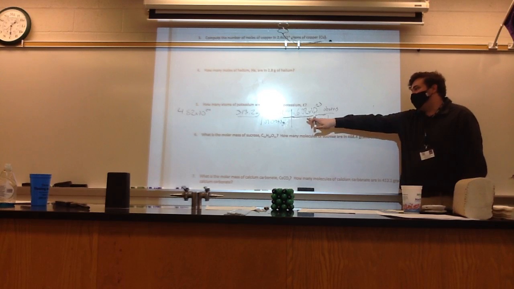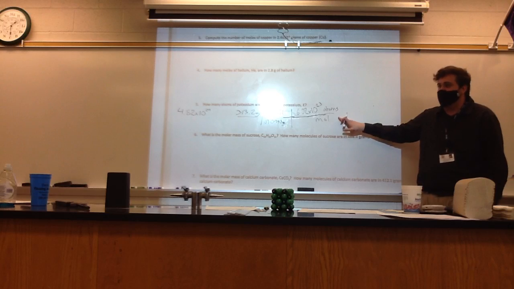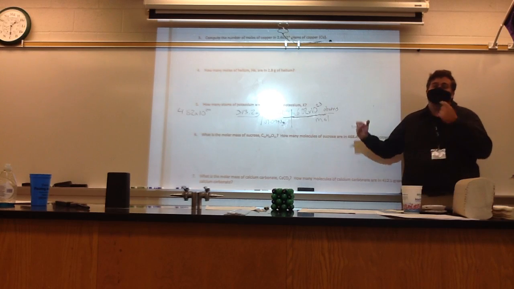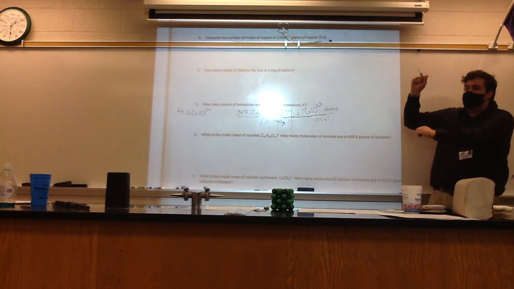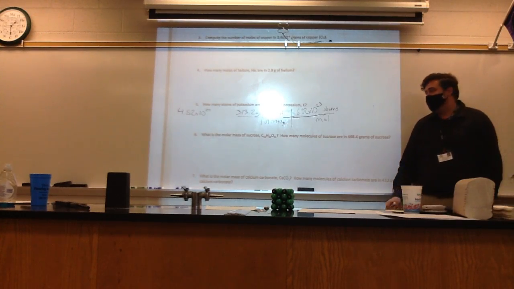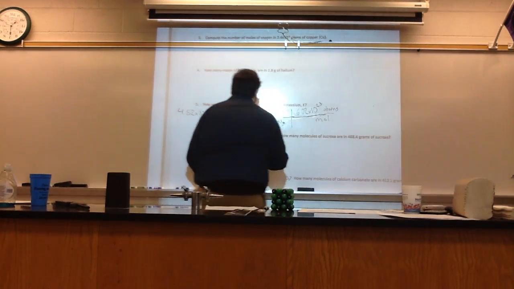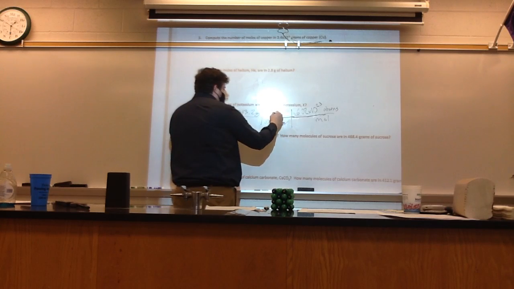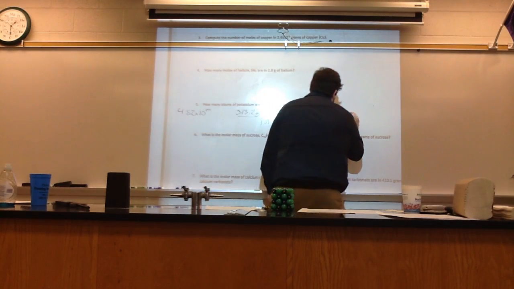On the top is the normal atoms per mole. If we put it on the bottom to cancel out units, we have to make sure the units are in the right place. When we do this, grams cancel out, moles cancel out, and we're left with atoms.